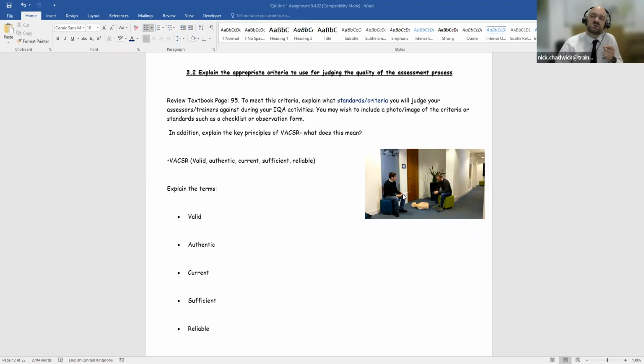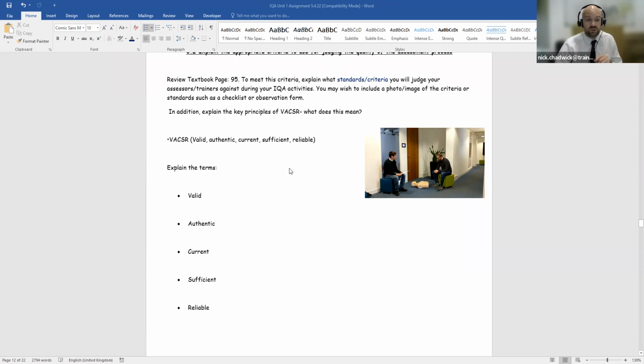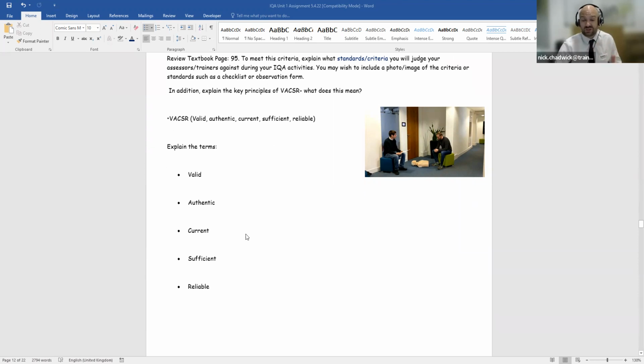So I'd like you to apply that to your own role. Do describe what standards you are going to be using. I would also like you to include VACSR. Once again, we have discussed this section previously.